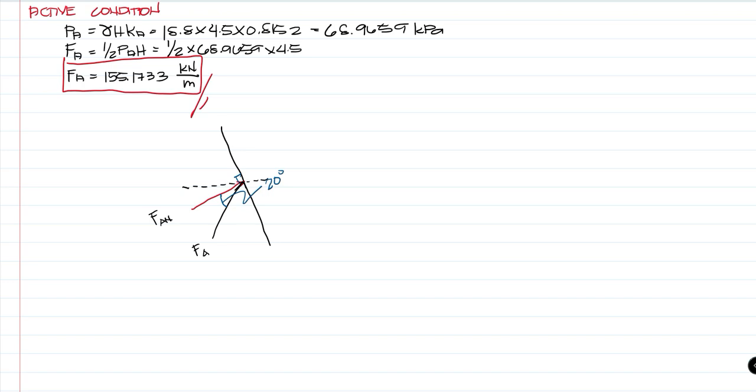So as you can see, pag nag-draw tayo ng horizontal line, may mabubuo tayong angle which is ito, and it corresponds to an angle 65 degrees. Kasi alam natin that the angle on this side, or the angle of inclination of the retaining wall, is also 65 degrees.